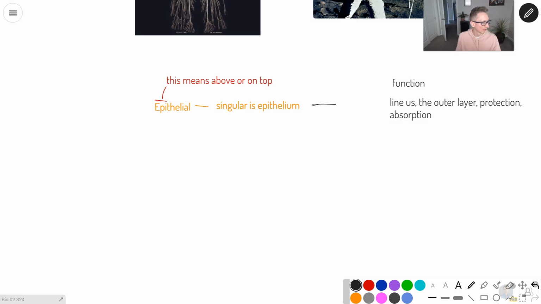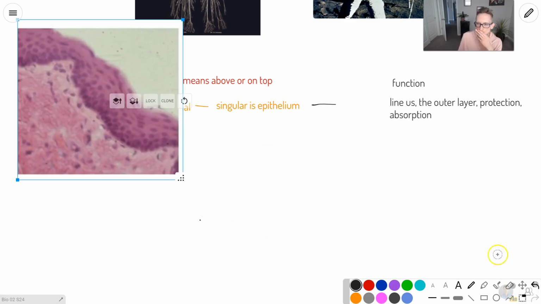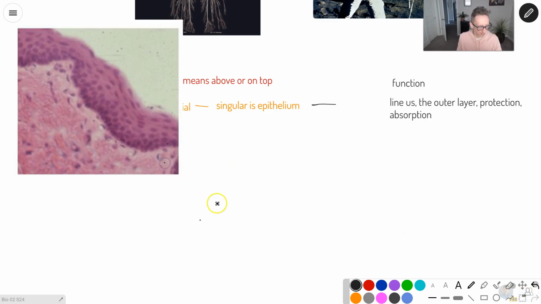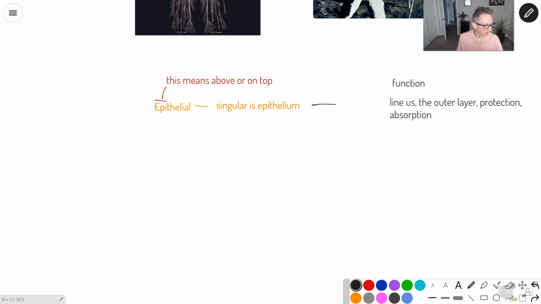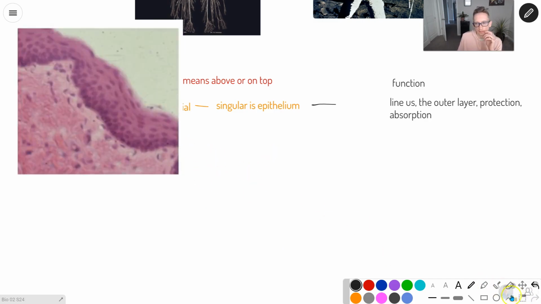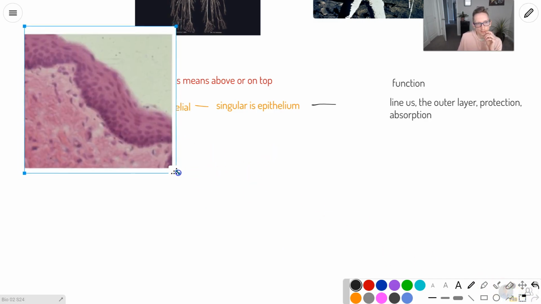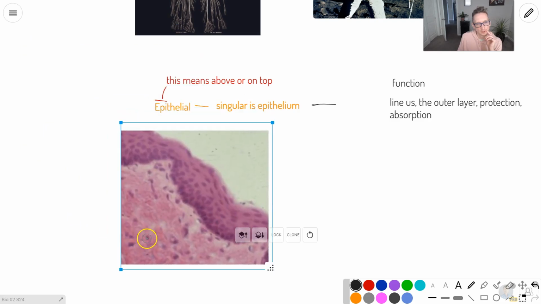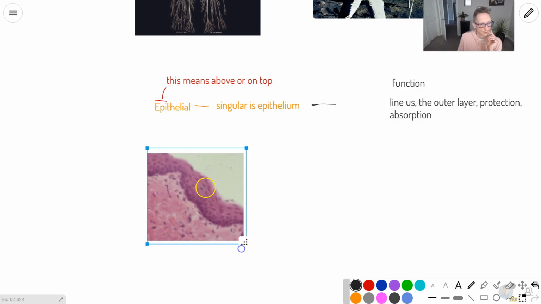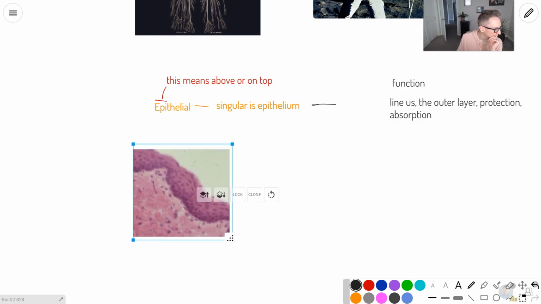Yeah. So we saw something like this, which is our skin. This is our skin, and it's kind of blurry. This is our skin right here. So we got this underlying dermis. We got the epidermis. So that's one example.